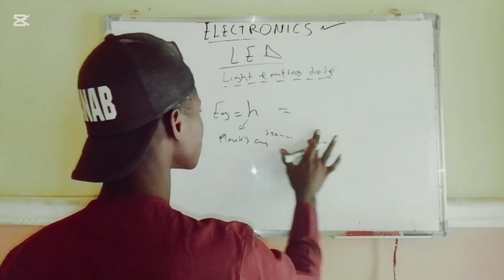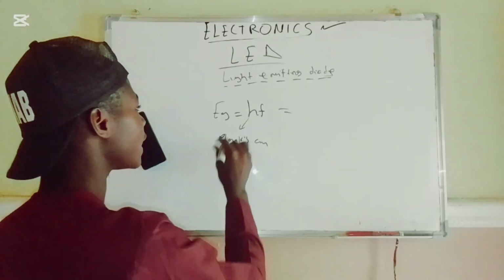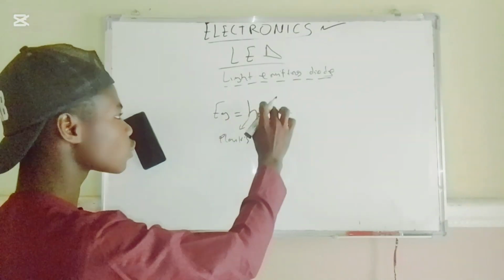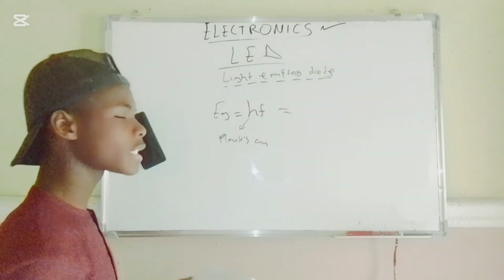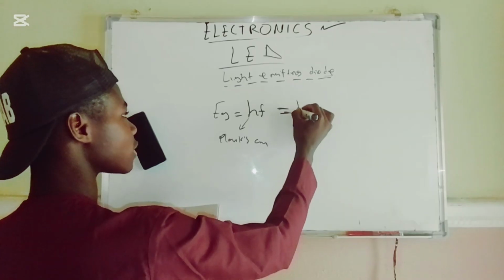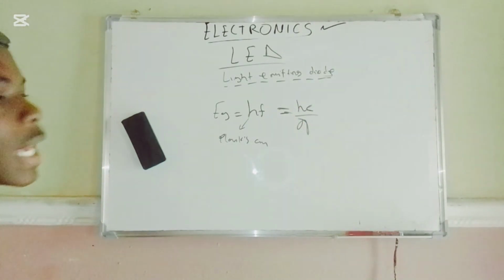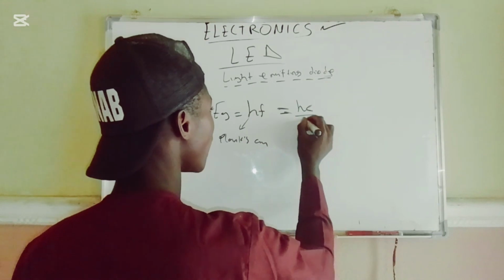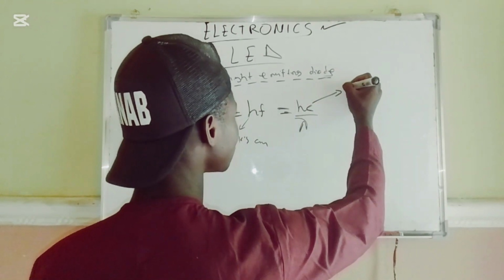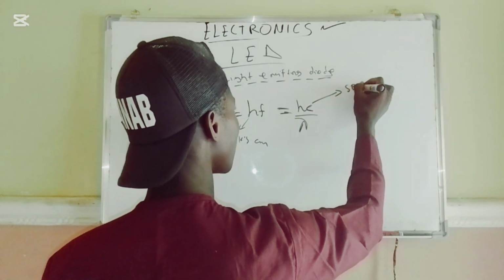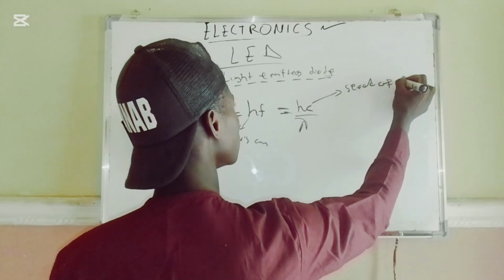Sorry, this is not c, this is f, the frequency, and therefore the band gap is the same thing as hc divided by the value of lambda, where c is the speed of light.